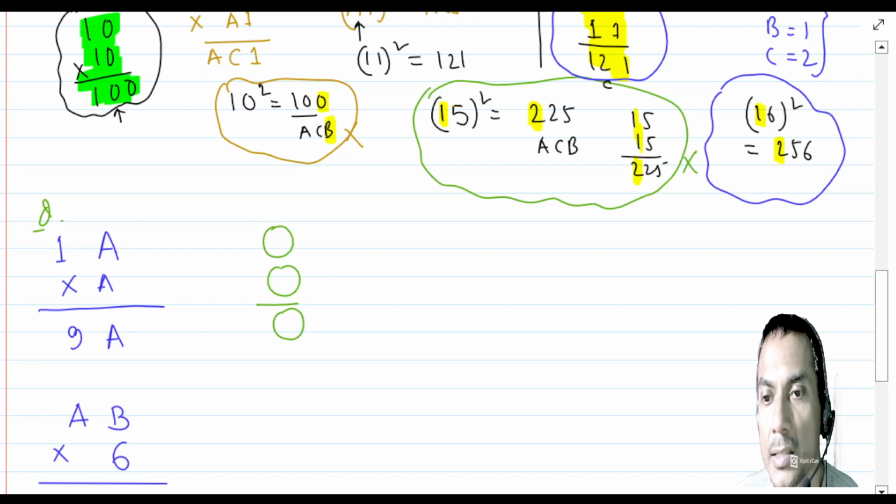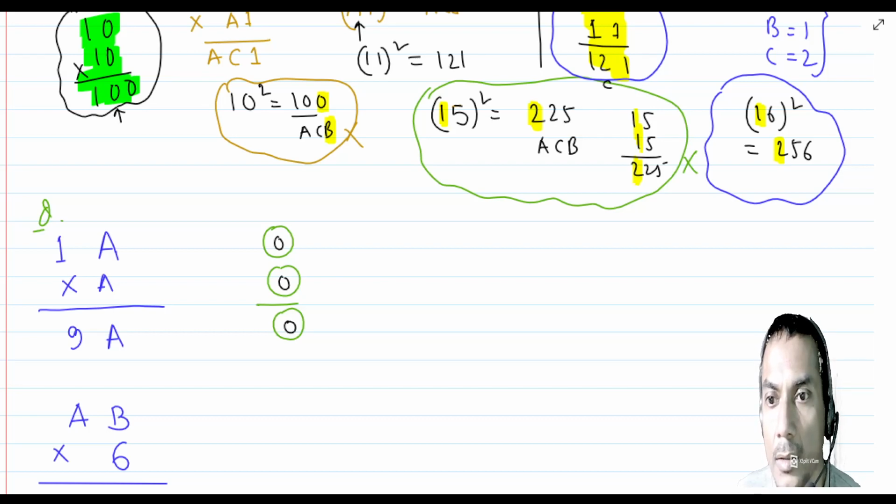It should be the same value. If we put the value 0, yes, it is possible. And what other values are possible? 2 is possible, 1 is also possible.